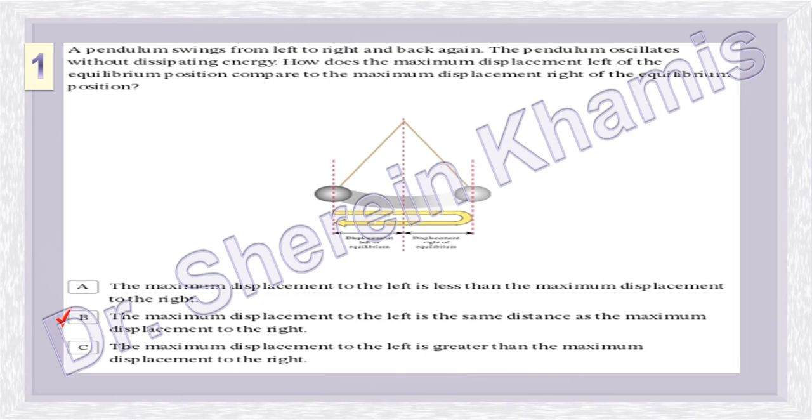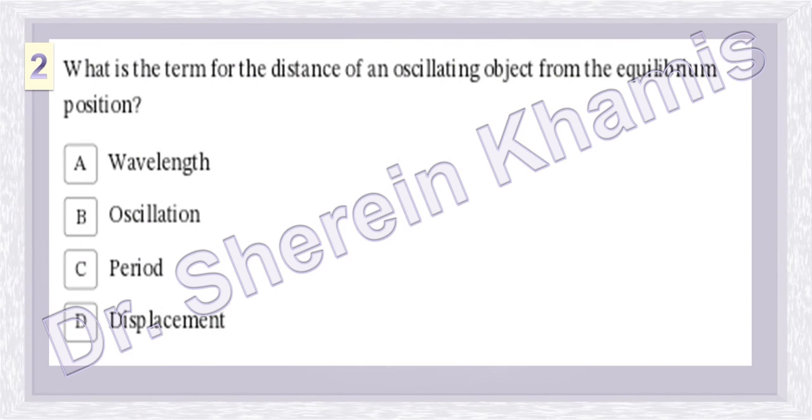Okay, let's go into question 2. Question 2 says: what is the term for the distance of an oscillating object from the equilibrium position? As we go away from the origin point, we make a displacement away from the origin point, losing all the energy that we get, at the right or left from the equilibrium position, or rest point, or recharge point.